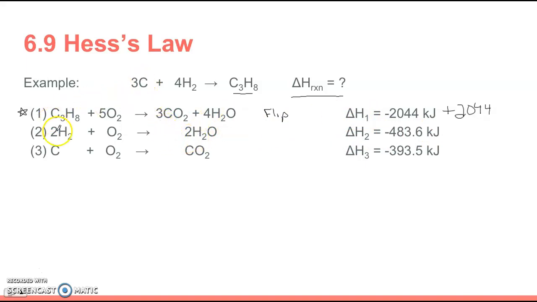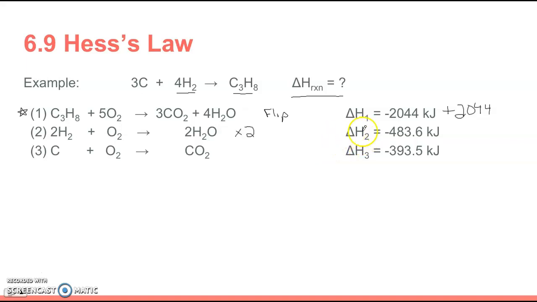For equation 2, we want to look at H2, because in equation 2 that's the only place where we find H2, hydrogen. They're both reactants, so they're on the correct side, and we don't have to flip it. But in the unknown we have a coefficient of 4, and this has a coefficient of 2. That means we have to multiply equation 2 by a factor of 2.